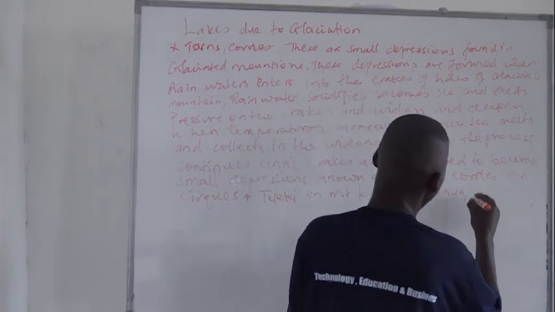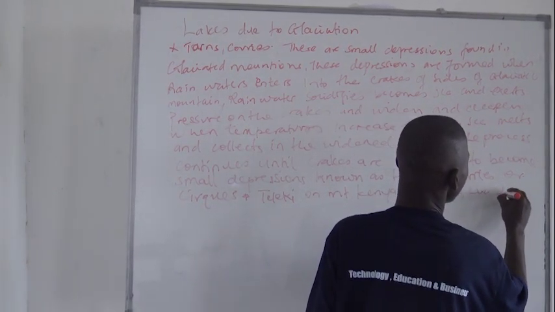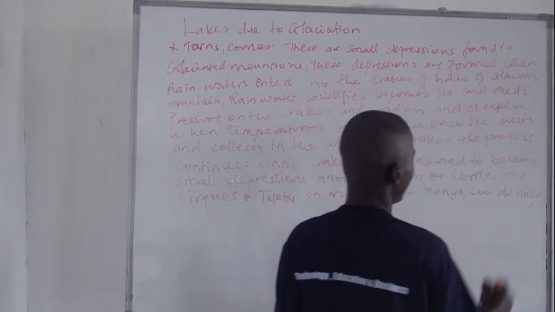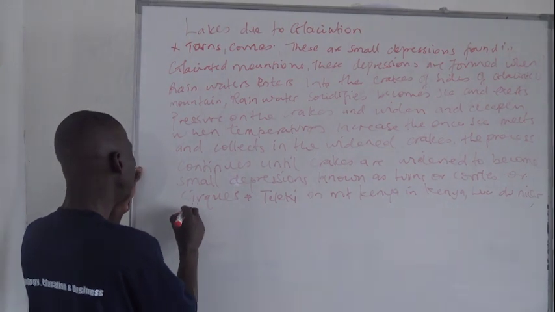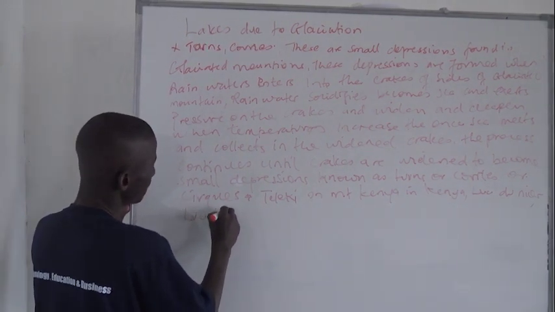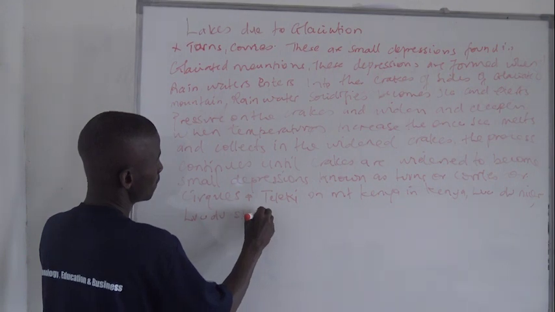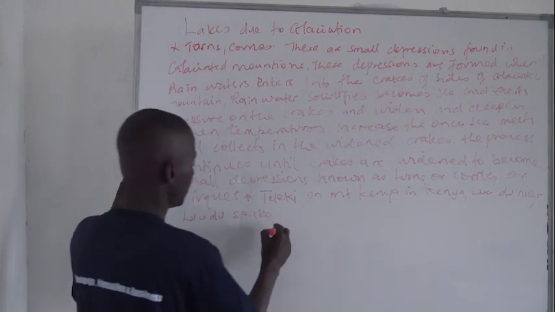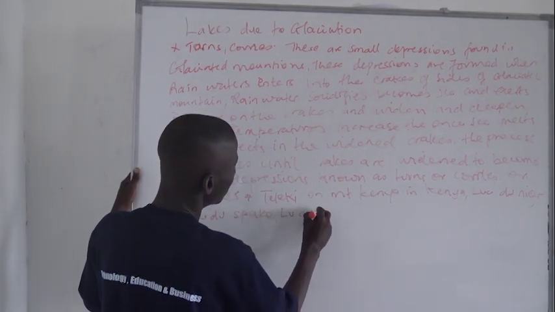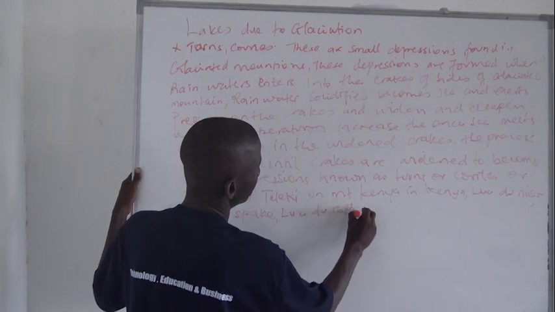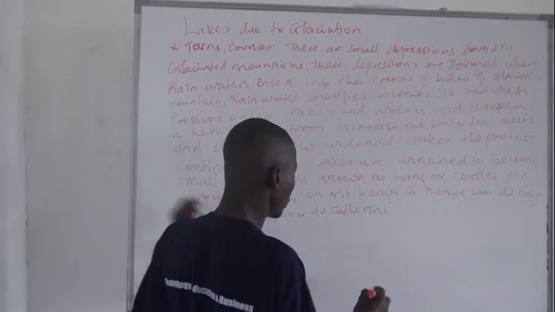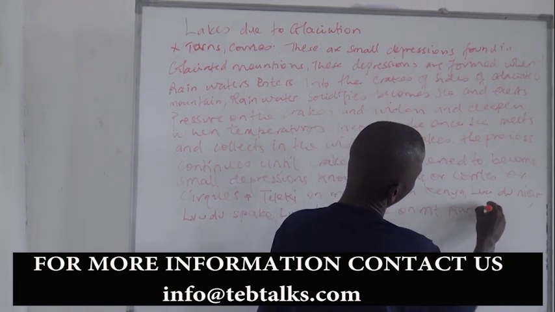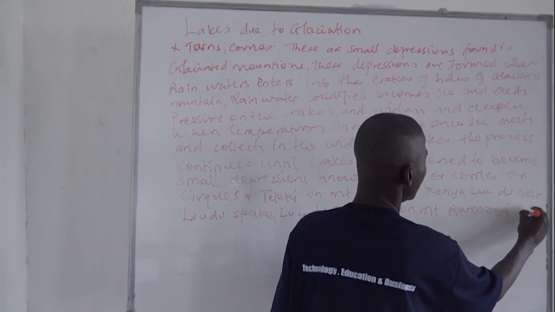We have Lake Dunaya, Lake Du Speak and Lake Du Catherine. These are found on Mount Rwenzori in Uganda.